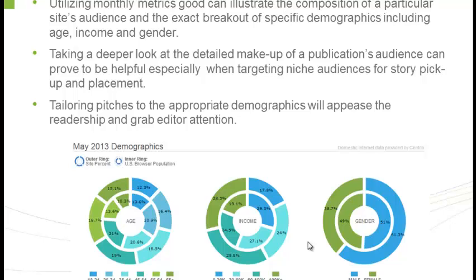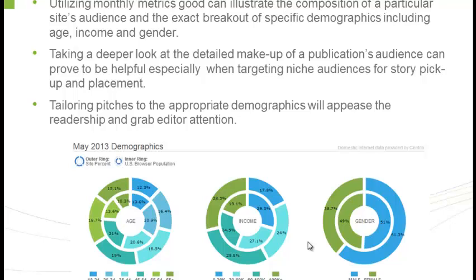So taking a deeper look at the detailed makeup of a site's audience can prove to be really helpful, especially when you're targeting niche audiences for maybe story pickup and placement. You want a particular audience to pay attention. If you know the site's demographic makeup, you'll be able to better understand if this is really a good fit for you or not.